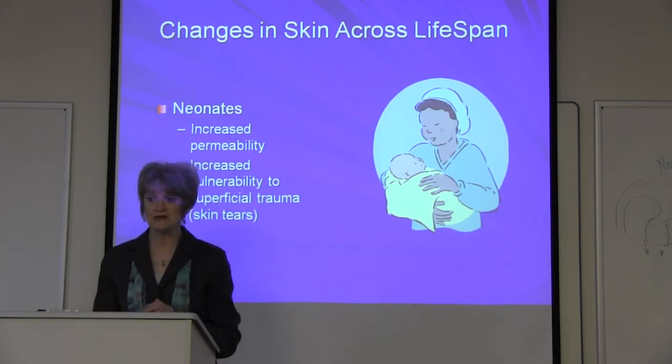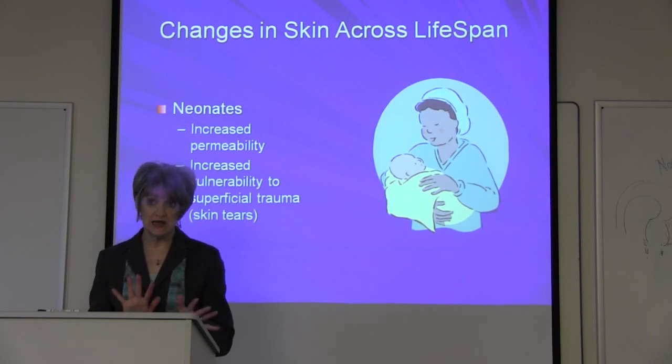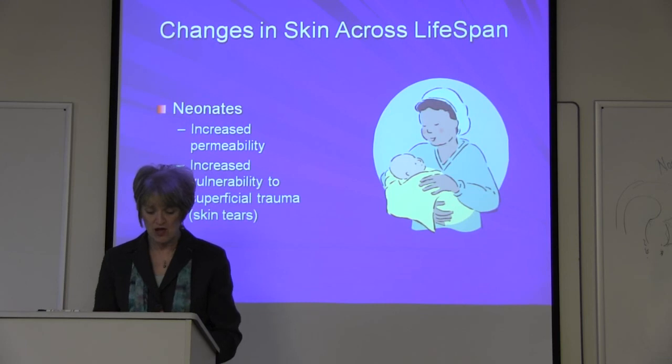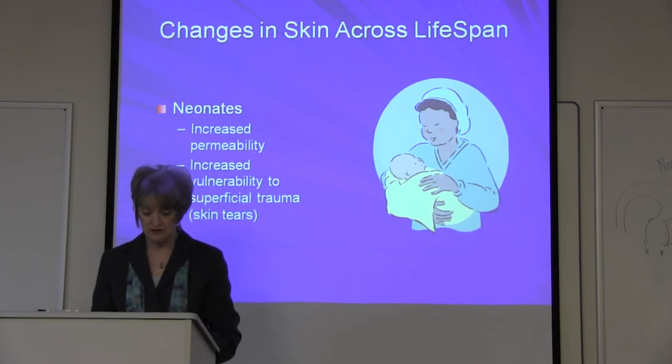Well, what about preemies? By 32 weeks of gestation, their skin has developed fairly normally, and so then they'll go through those first 2 to 4 weeks where they're very vulnerable. But for your babies who are born at much earlier points, 26, 28 weeks of gestation, their skin is very immature.